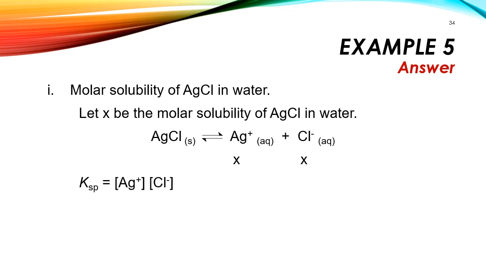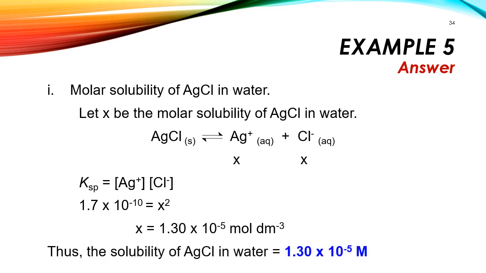Writing the Ksp expression for the reaction, we obtain the value of x as 1.30 × 10^-5. Thus, the solubility of argentum chloride in water is 1.30 × 10^-5 molar.